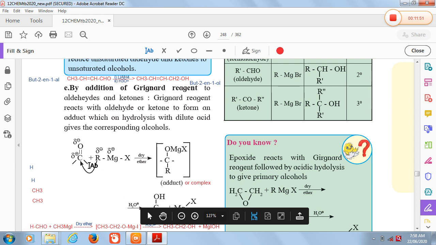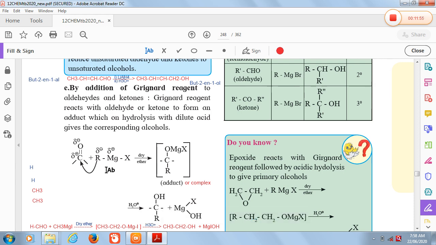So again remember that RMgX is the Grignard reagent, an alkyl magnesium halide.